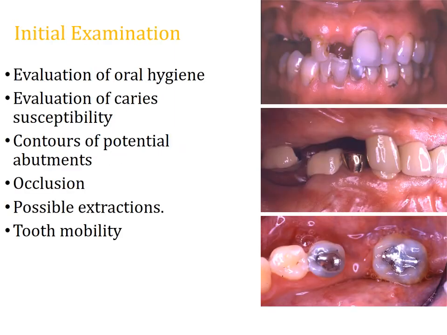So in the initial examination, you evaluate the hygiene, caries susceptibility, the potential abutments, and the type of occlusion that the patient has, whether it is normal class 1 occlusion, class 2 or class 3 occlusion, whether the patient has a cross bite, deep bite, or open bite. All these things need to be considered because this will ultimately determine the difficulty of the treatment.